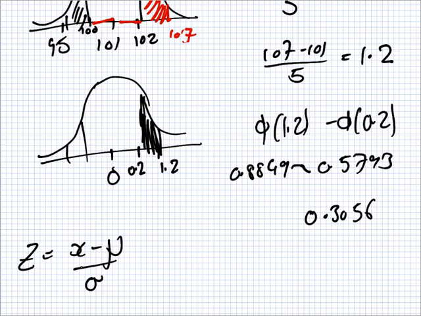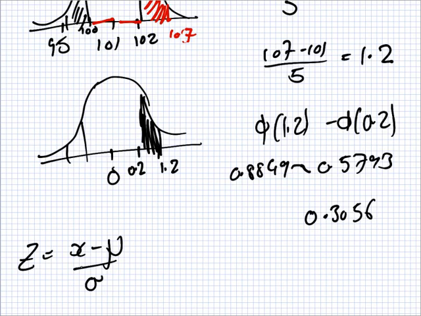I still got minus 1.2. 95 minus 101, divided by 5, minus 1.2.